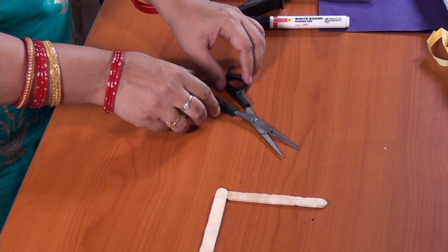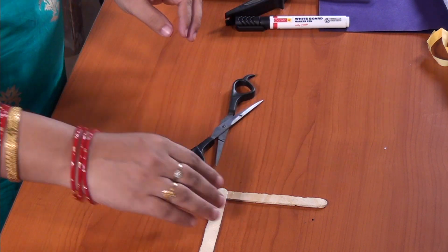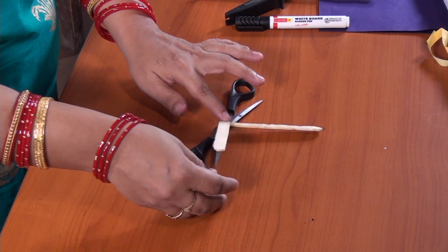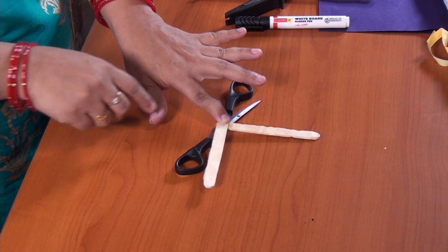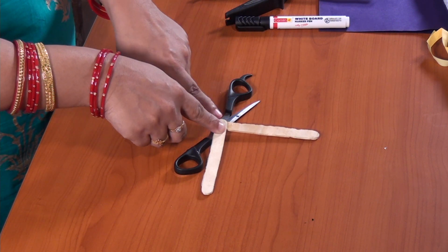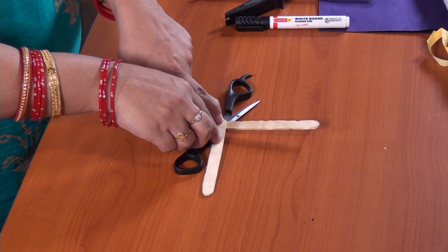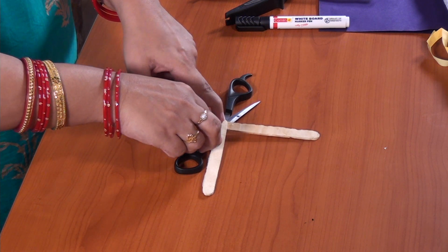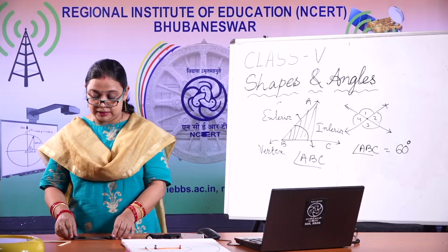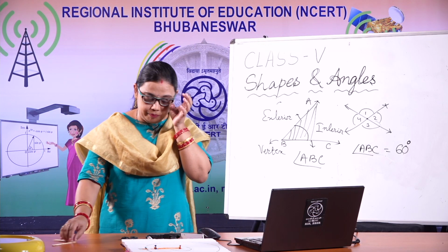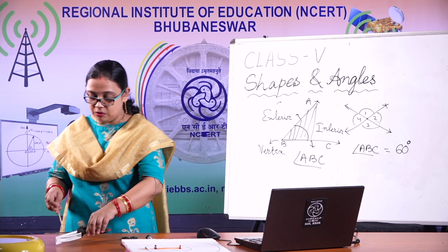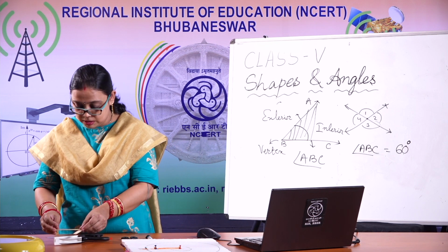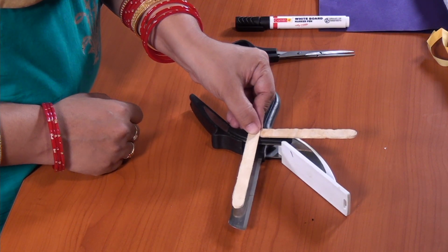If I will increase the opening of the scissor and keep my device on it, what you will observe? Now this is more than a right angle, which is an obtuse angle. Like this you can measure whatever you have with you. See, this one less than right angle.